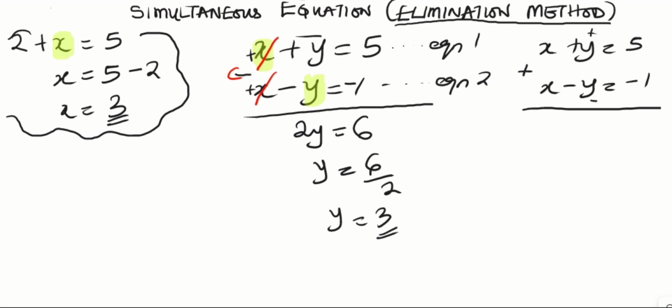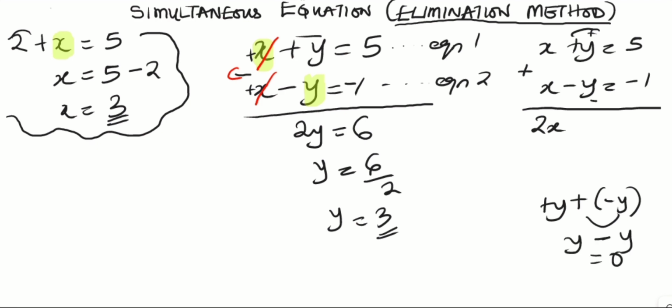Now x plus x is going to give us 2x. To spell this out correctly, you have positive y, which is this one, plus minus y. Plus minus is going to give us minus, so y minus y gives us 0.